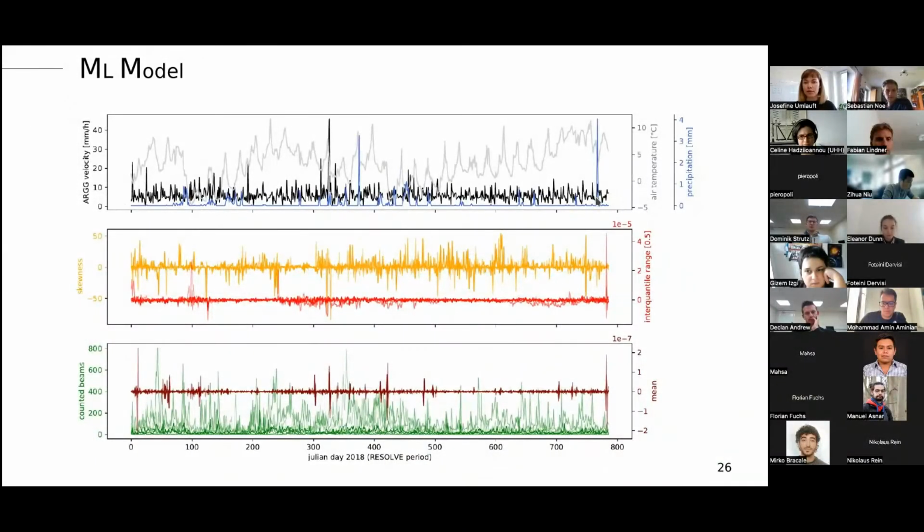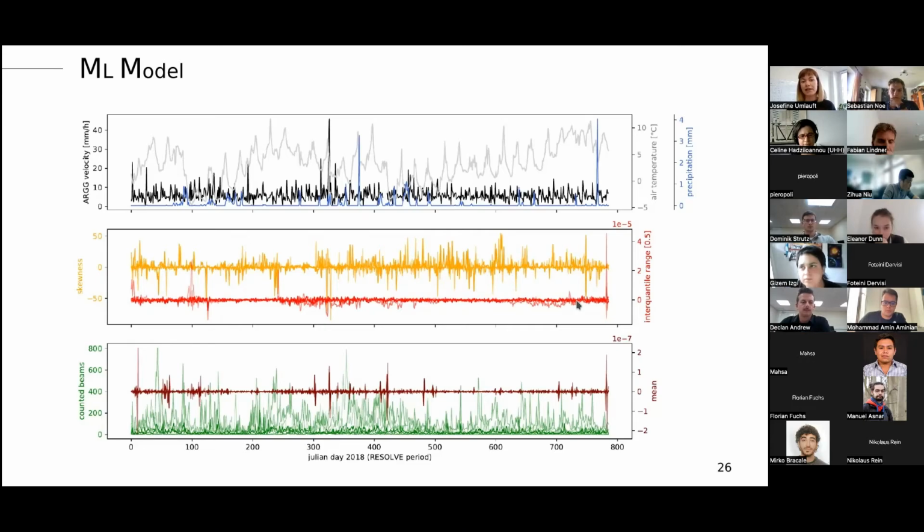In blue, you see the precipitation, and in the central plot, there are some statistical features, for example from the seismic data. We take the continuous record of one station, and we did that for 5 different stations, and you can see the results of all stations here. We compute, for example, the skewness or the interquantile range.